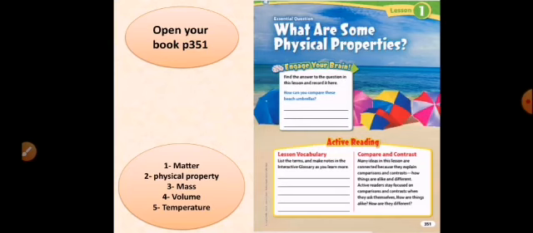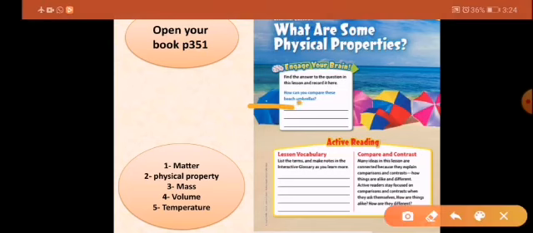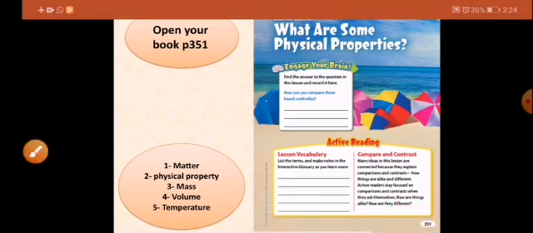Now please open your science book on page 351. On this page, the first question says, how can you compare these umbrellas? If you remember, how can we describe the matter?